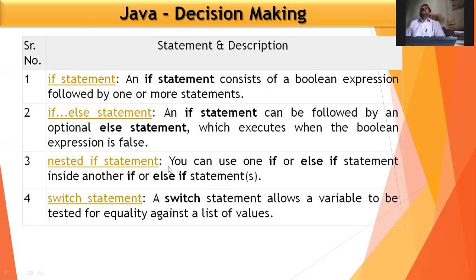From the first if statement, we can go inside and give a number of ifs inside the if, or otherwise we can give the else if in the else part of our nested if. So this is also very important. Whenever necessary, the programmer can write the nested if statement, where the outer if is the main statement and a number of if statements or else if statements can be inserted inside the nested if statement.